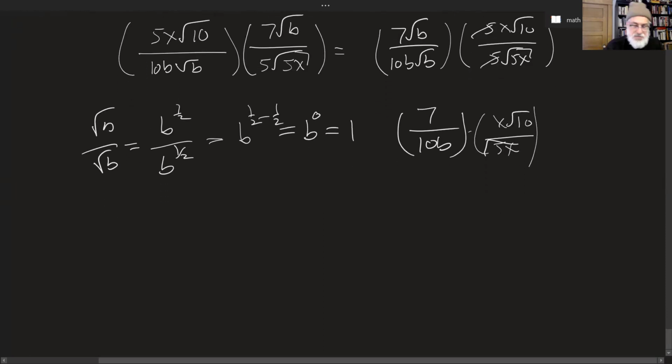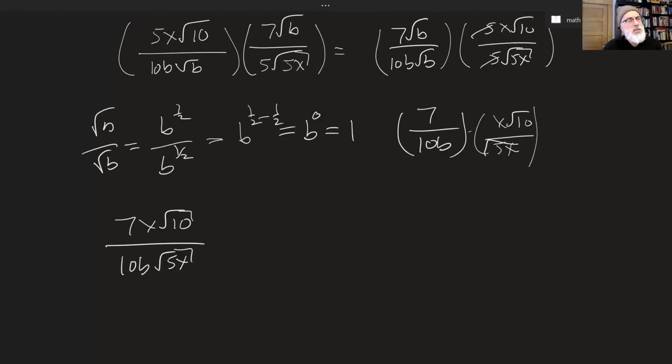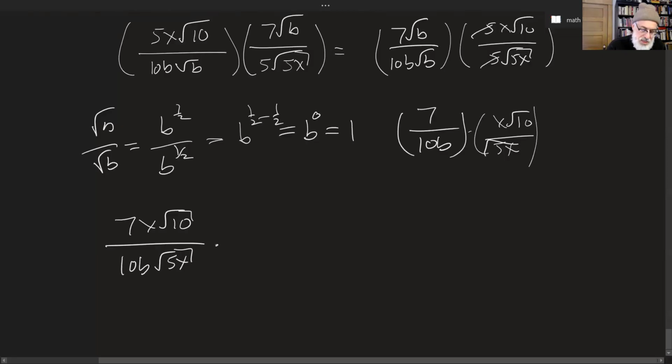So let's put all this stuff together. 7x square root of 10 divided by 10b square root of 5x. We could stop there, or we notice that we have a radical in the denominator, and we've been told we don't like those things. So let's multiply it by square root of 5x top and bottom.